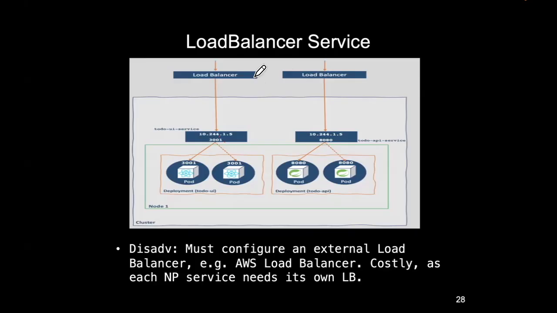The reason was that a cluster might have tens, if not hundreds of services that needed to be exposed externally. Hundreds might be extreme, but in very large organizations, there may be hundreds of services that you want to expose externally. So you're paying for lots and lots of these cloud provided load balancers.